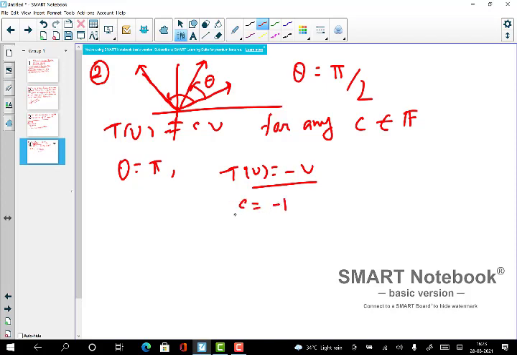So it depends on the angle you are rotating whether T has eigenvalues or not. In this case it doesn't have eigenvalues or eigenvectors when theta equals pi by 2. For pi you have eigenvalue minus 1, and any non-zero vector is an eigenvector with respect to minus 1.